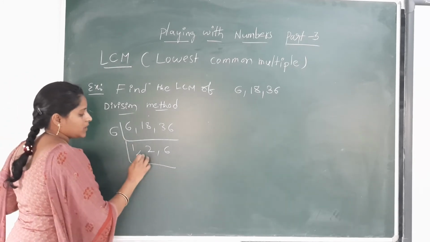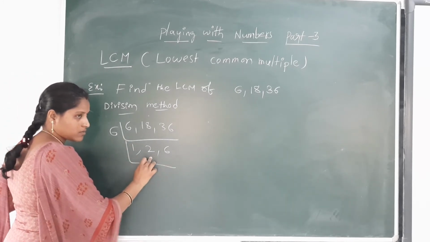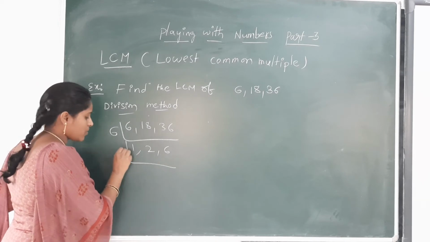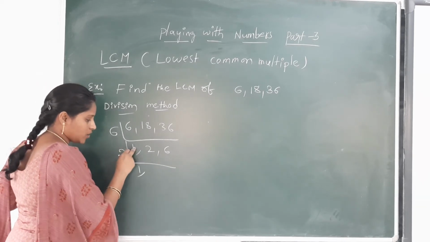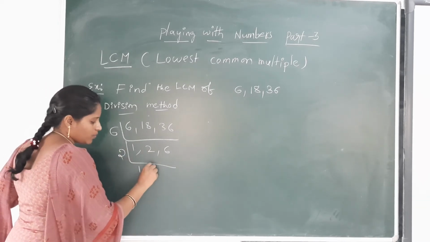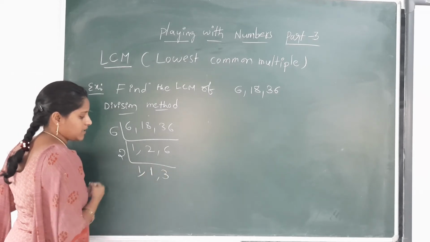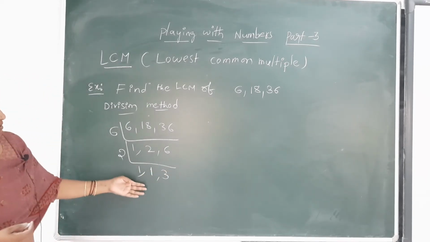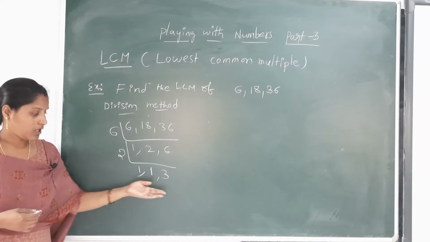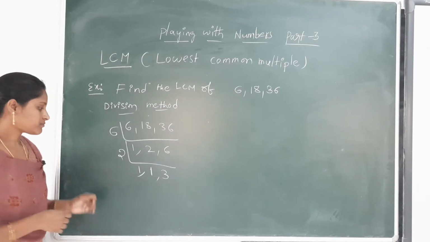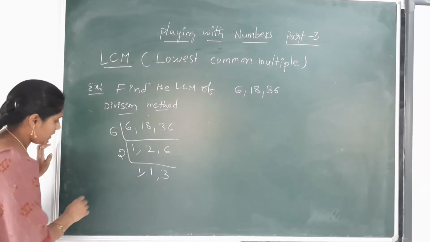Again from these 2 numbers, 2 table is common, 2 1s are 2, 2 3s are 6. Next, we do not have any common factors, so stop here.